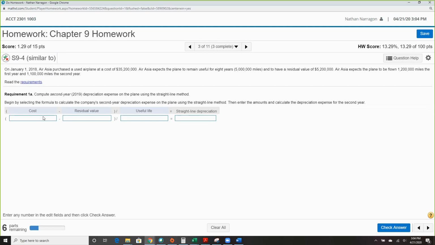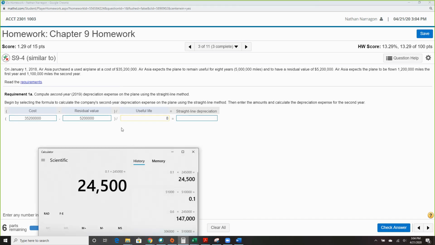Okay? Now they want you to actually put the things in. So, 35,200,000, minus residual value. That is 5,200,000. So I get all the zeros right. And useful life is 8 years. So, calculator, do your thing.